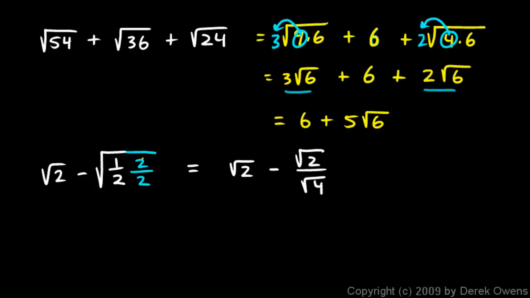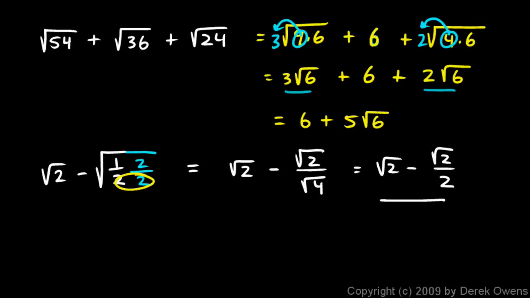And I got that just by multiplying the 1 and the 2 to give me that 2, and the 2 and the 2 to give me that 4. And then the square root of 4 simplifies. So I end up with the square root of 2 minus the square root of 2 over 2.